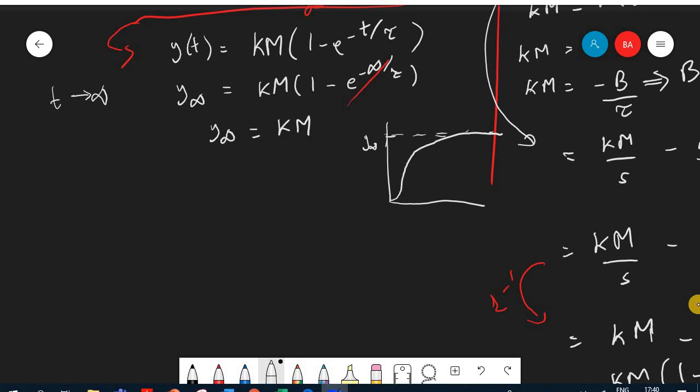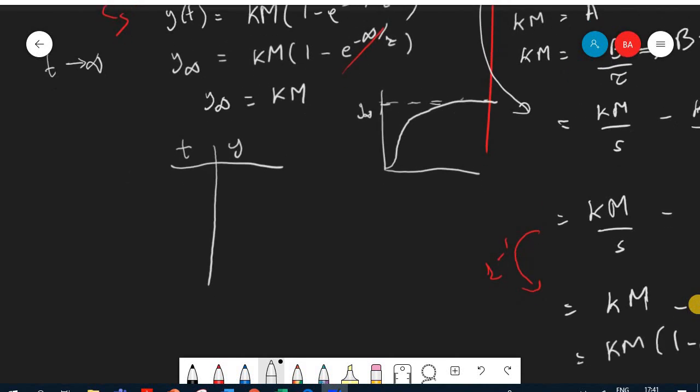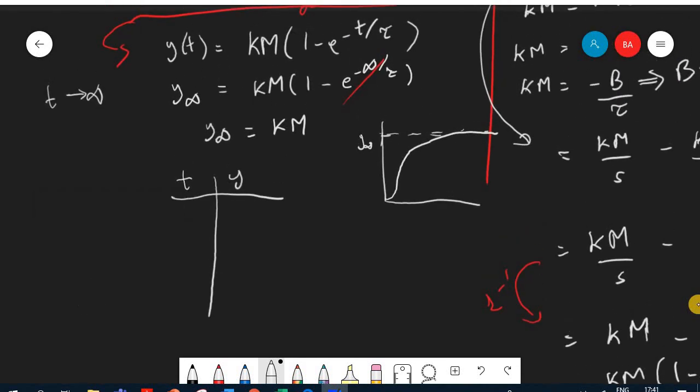Let me calculate things in a different way, with some kind of substitution. I want to see the value of y at different times, not only at time equal to infinity. What should I substitute for time? I'm going to substitute multiples of tau, because I cannot say 1 and 2 if tau is unknown.